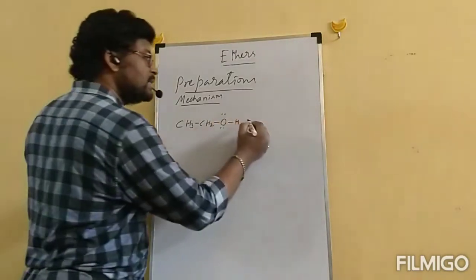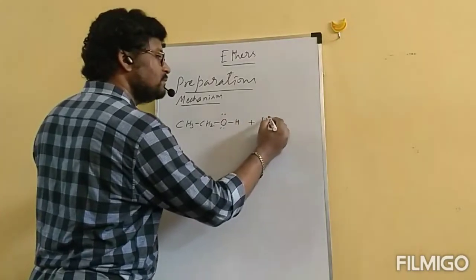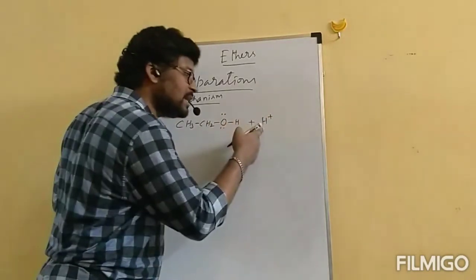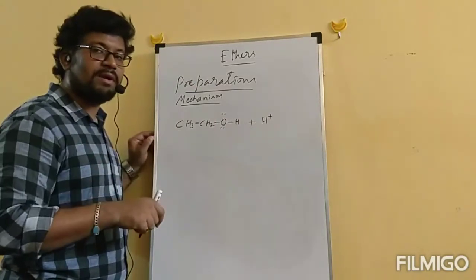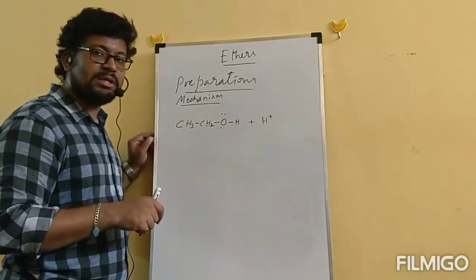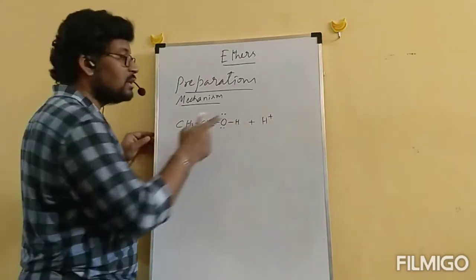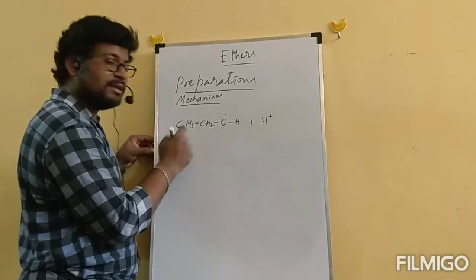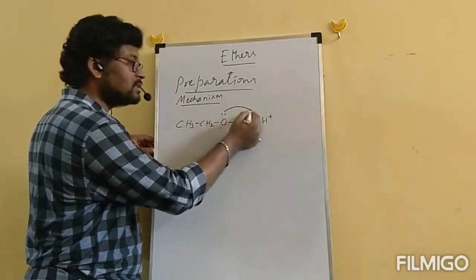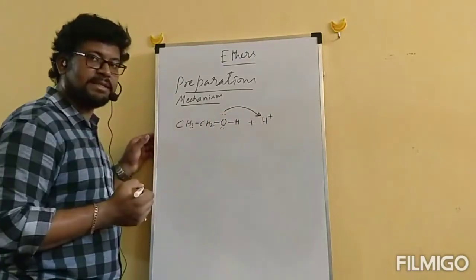Now it is going to react with H plus ion. This H plus ion is generated when H2SO4 is dissolved in water. When H2SO4 dissolved in water, it will furnish H plus ions. That H plus ion is going to react with this alcohol in a way that one of the lone pairs present in oxygen will be donated to H plus.